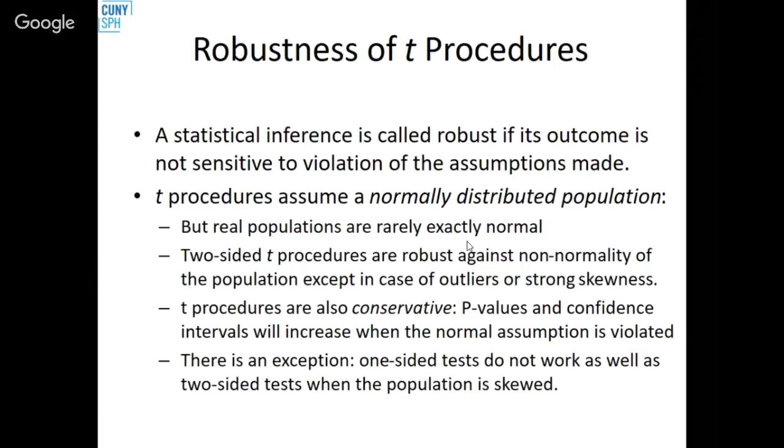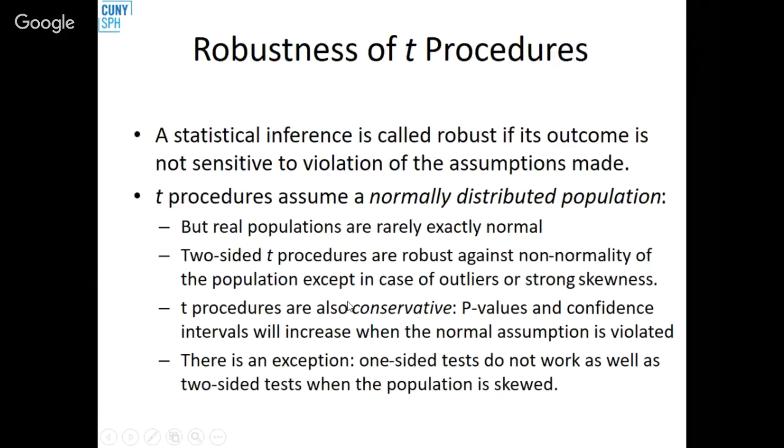However, these T procedures are quite robust. And by that, I mean that its outcome is not very sensitive to violations of these assumptions, particularly around the assumption of the normally distributed population. Granted, real populations often have, whatever you're measuring, some deviation from normality.